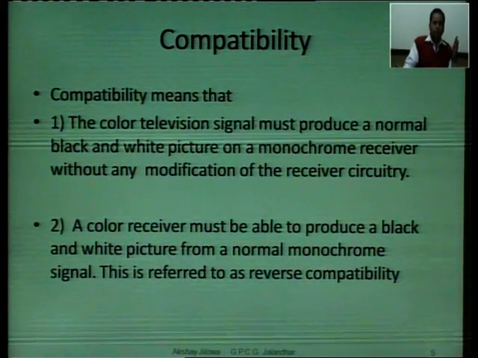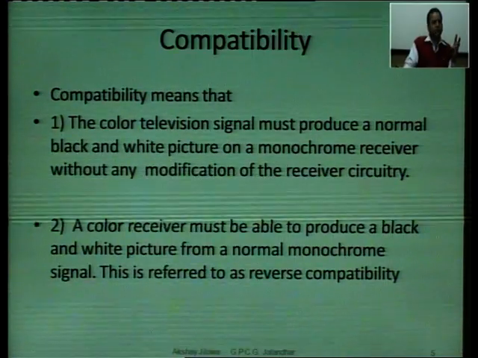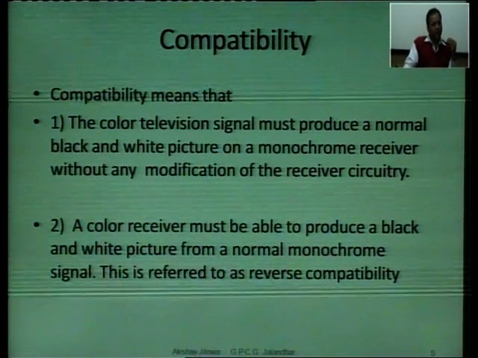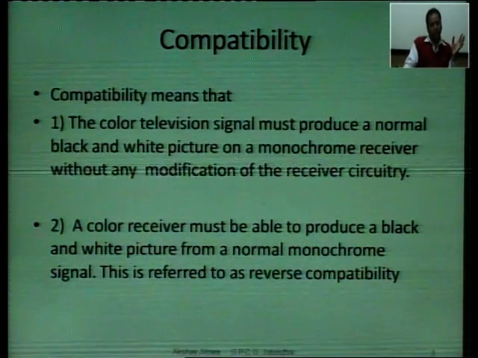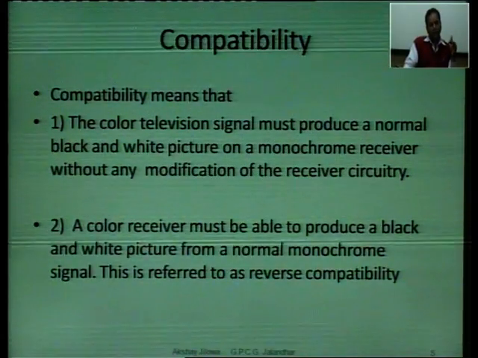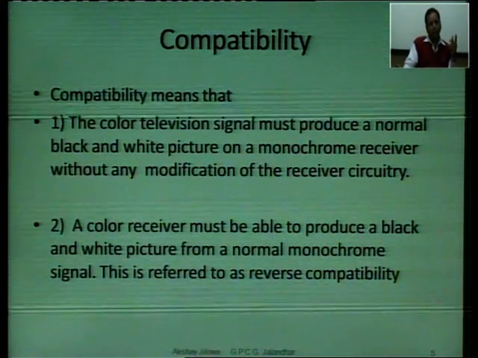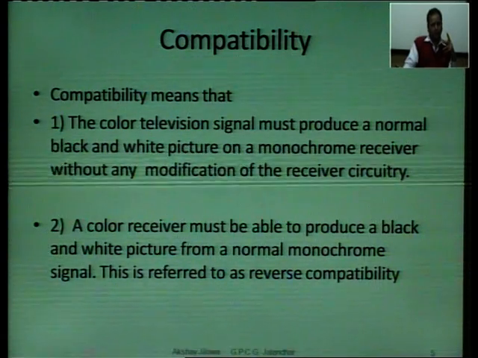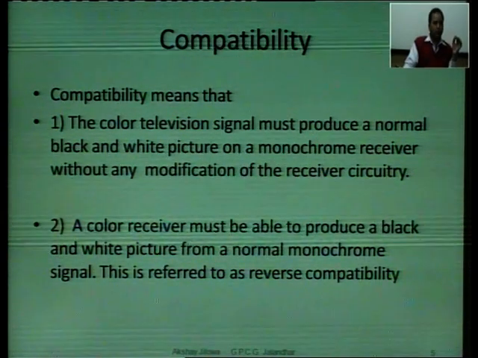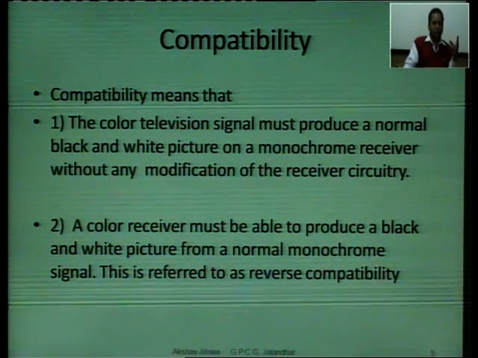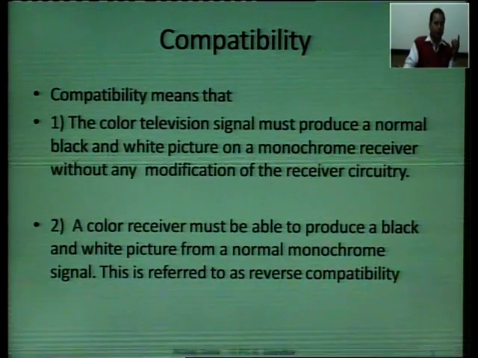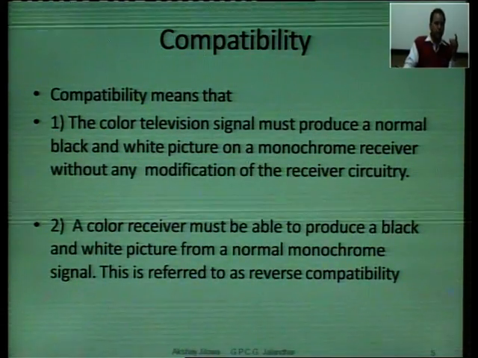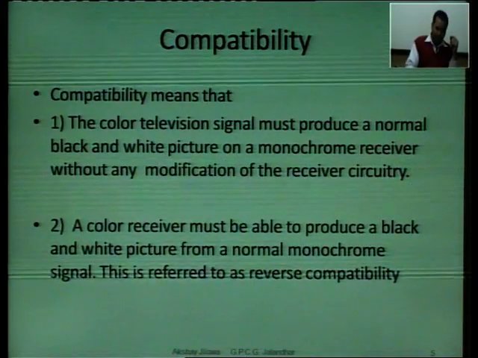If this happens, this is called reverse compatibility. The earlier stage we call compatibility, and if a color receiver shows this characteristic of displaying monochrome information, then that will be referred to as reverse compatibility.